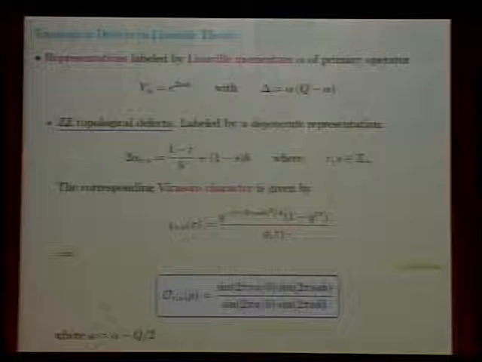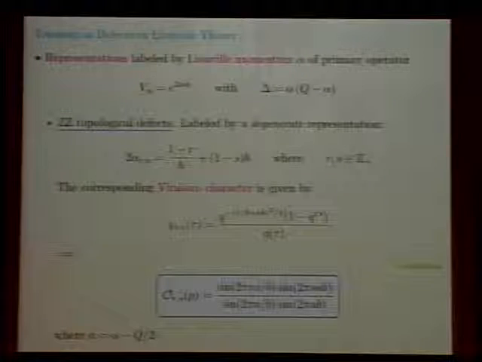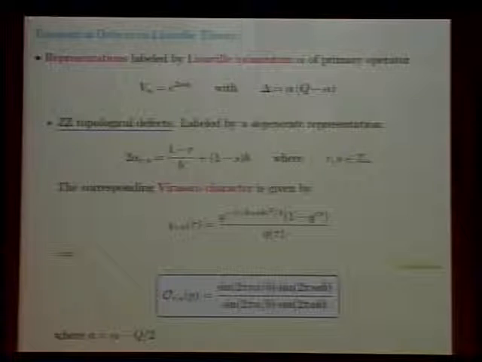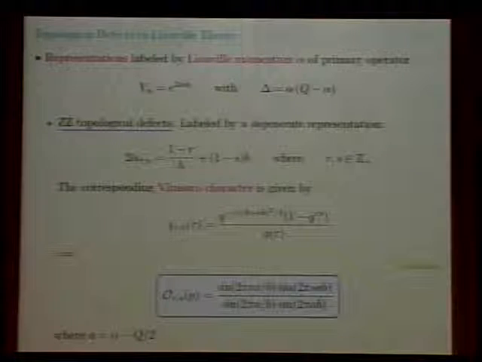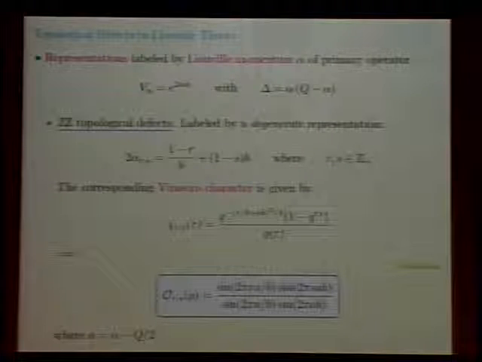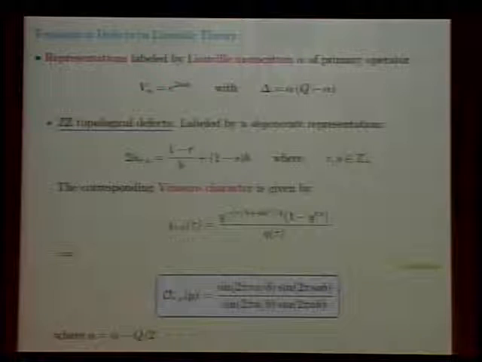It has essentially the dimension of the primary, and one of the important properties of the degenerate representation is that it has a null state in the descendants, and that's what this minus does. Essentially, it removes the Verma module associated to the null states. And then just by doing a simple Fourier transform of the character, you can compute the modular matrices, and therefore the expression for the ZZ topological defect operator, okay?